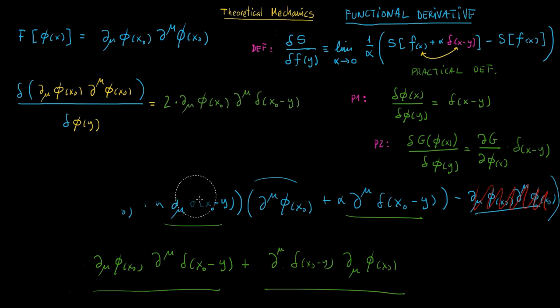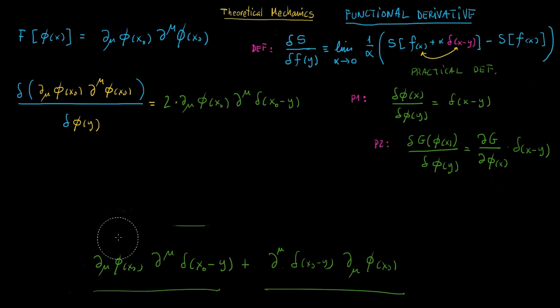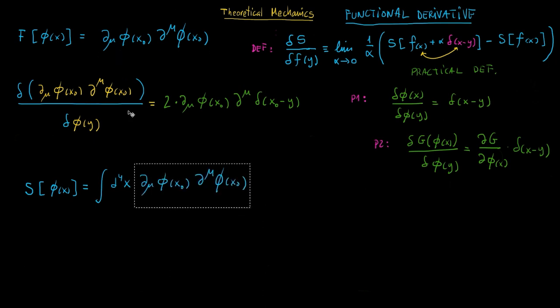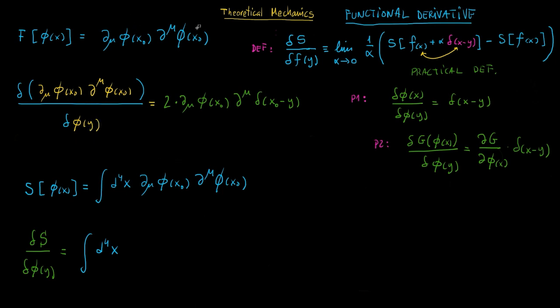But if you are asking what the hell is this, you have to keep in mind that the usual thing is when you have an action defined as an integral over the whole space-time, and then you have this into this integral. And then when you perform the functional derivative of this action with respect to phi y, then you will have this integral, and once you derive this thing, you will have this.